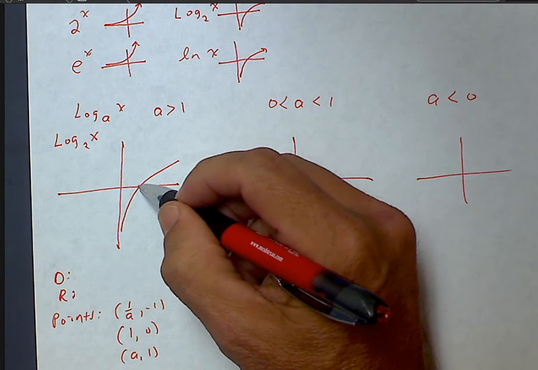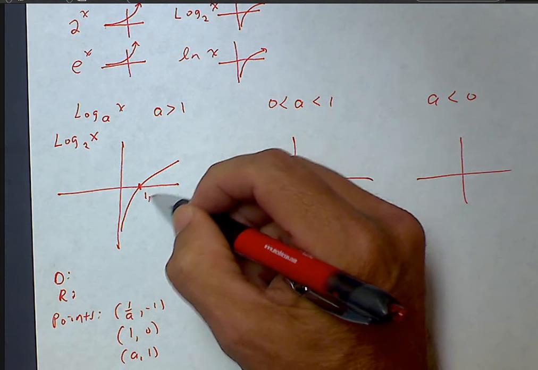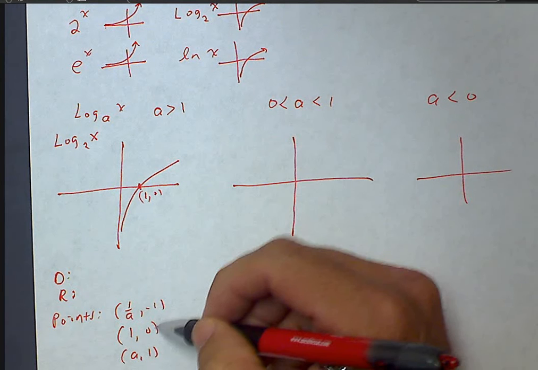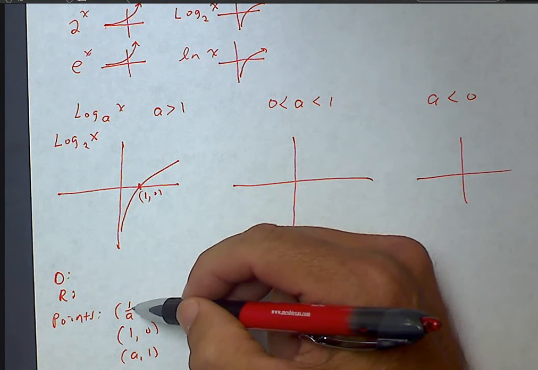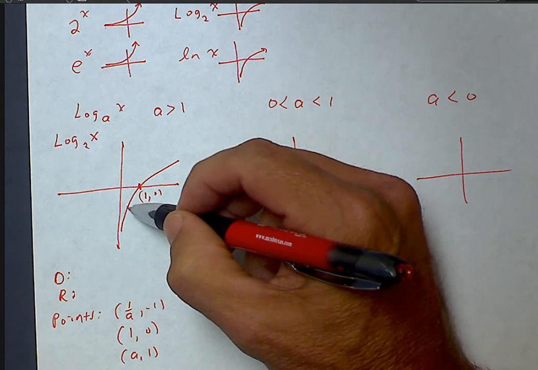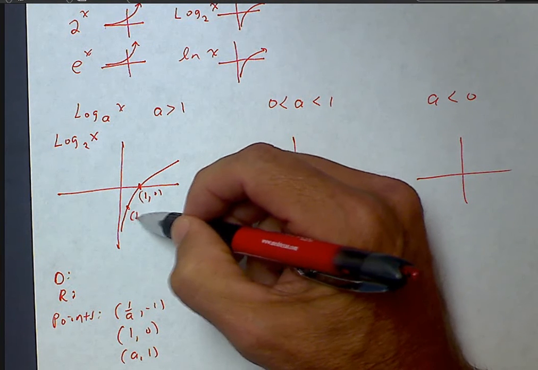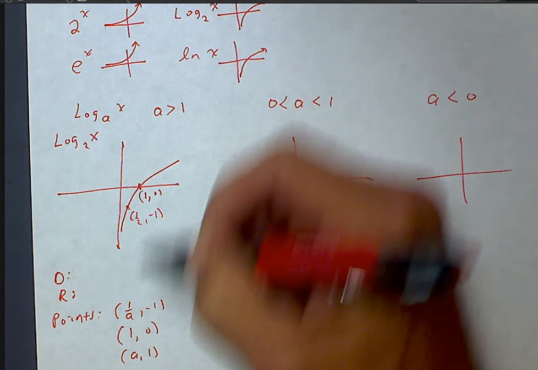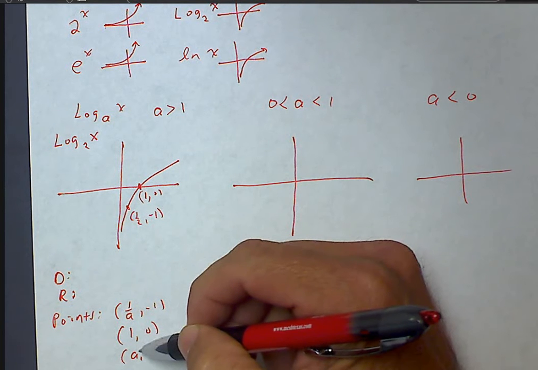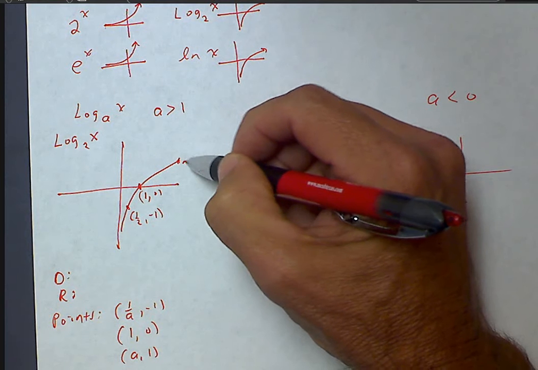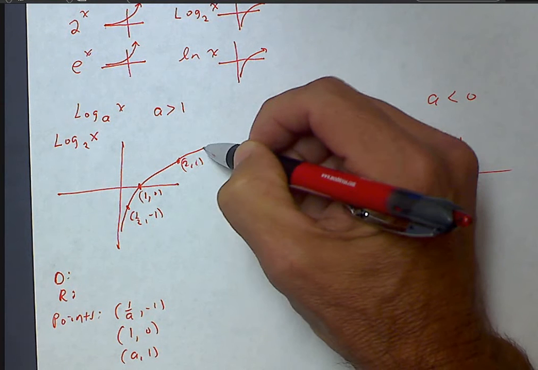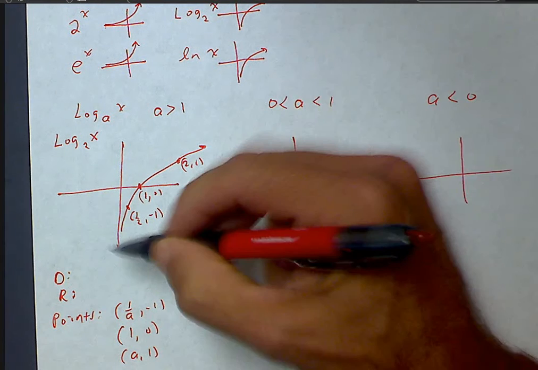It's going to go to the point 1, 0. It's also going to go to the point 1 over that base, so 1/2, -1, and then to the point whatever the base is, comma 1, so 2, comma 1. And it's going to look like this.